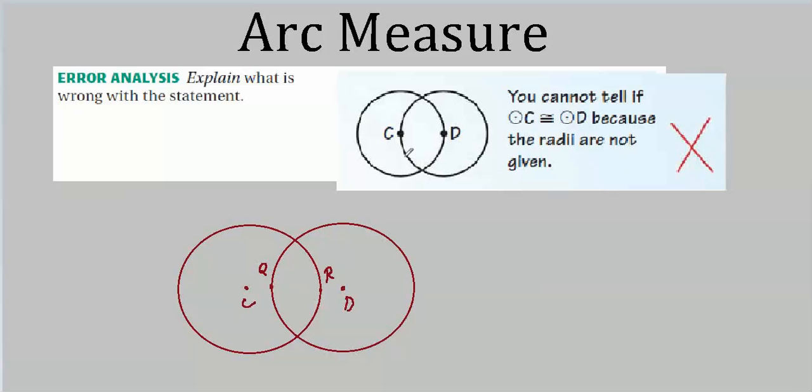These overlapping circles, we can say that this radius is the same for both of them, because this is the center of one circle and this is the center of the other circle. This line goes from the center of this circle to the circumference of this one, and it also goes from the center of this circle to the circumference of this circle.